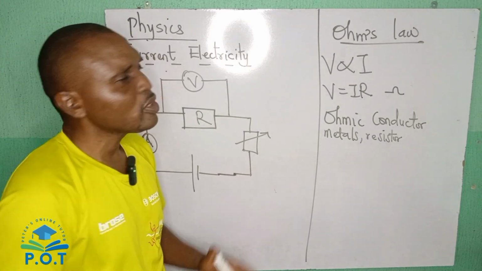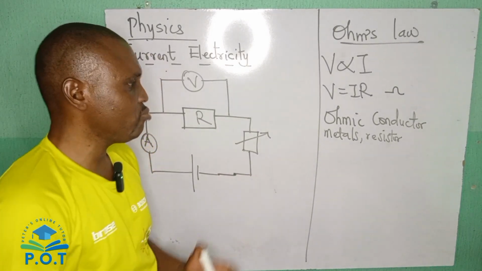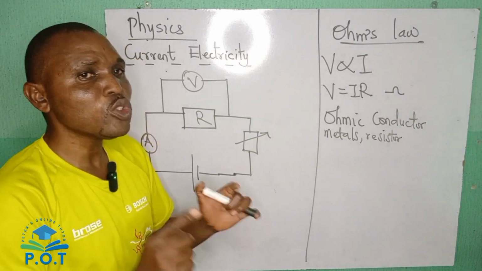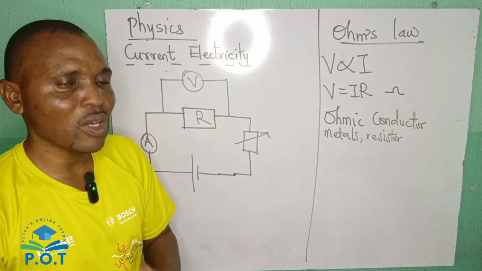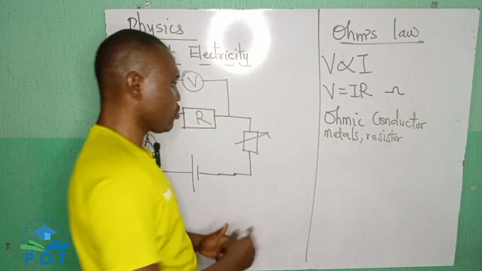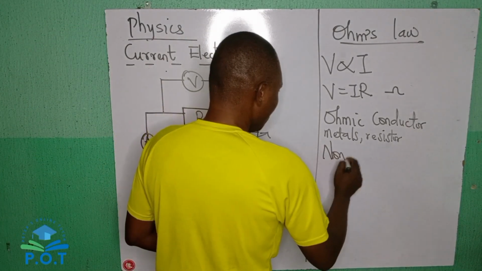Those conductors that do not obey Ohm's law are called non-ohmic conductors. So non-ohmic conductors are conductors that do not obey Ohm's law.